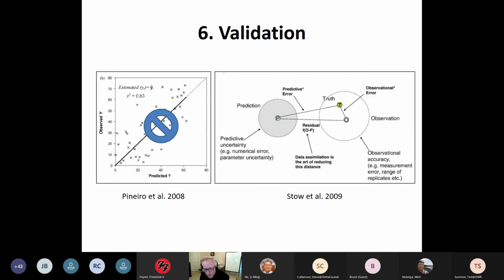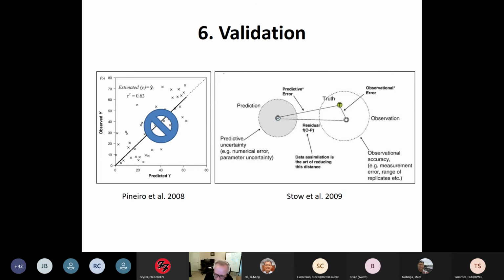Validation, the Delta Smelt model: if you're looking on the left for the classic predicted versus observed, you're going to be disappointed. That's not how you validate these kinds of agent-based or individual-based spatially explicit simulation models. We do validate them, but it's not as straightforward as the slope compared to the one-to-one line, right?